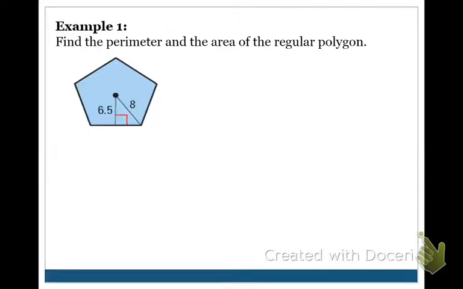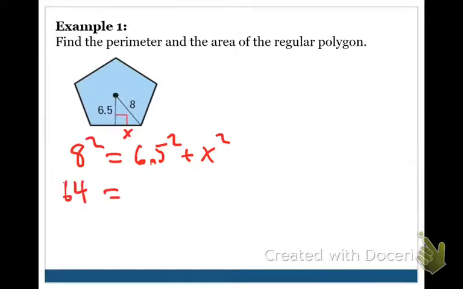So we would have 8 squared equals 6.5 squared plus that x, we'll call that x squared. I'm going to need some help with the calculations here. 64 equals, what's 6.5 squared?